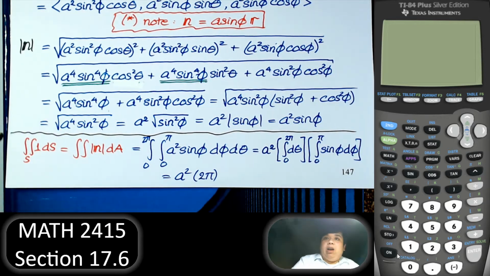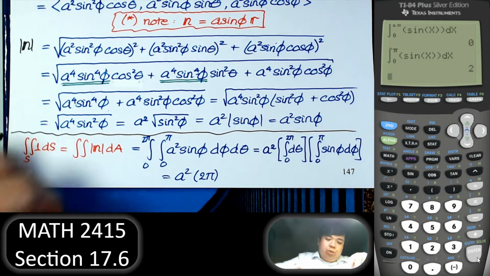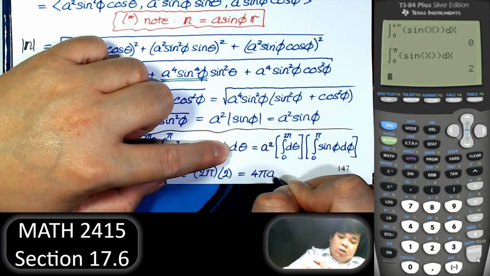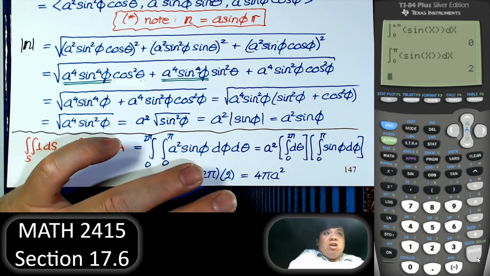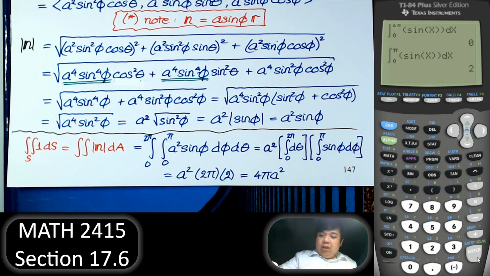And what's the integral of sine phi from 0 to pi? So 2. So this is 4 pi a square. That makes sense, we're talking about the surface area of a sphere. This is the surface area of the sphere. So this proves the formula for the surface area of the sphere.